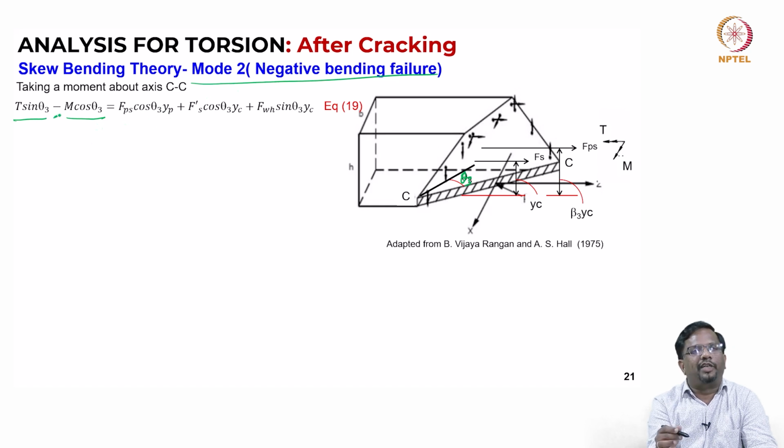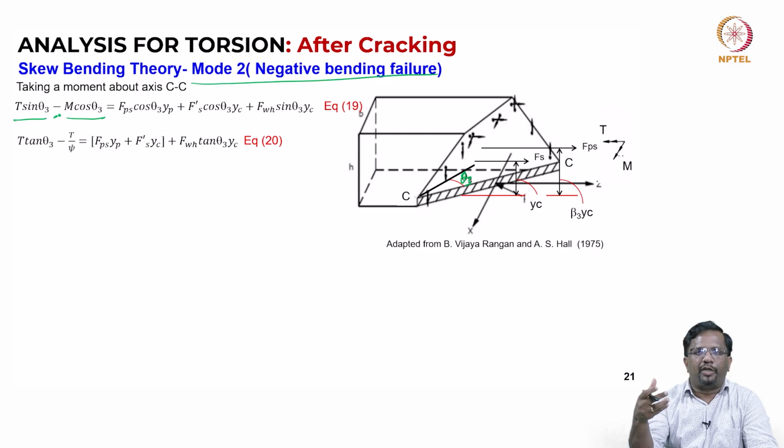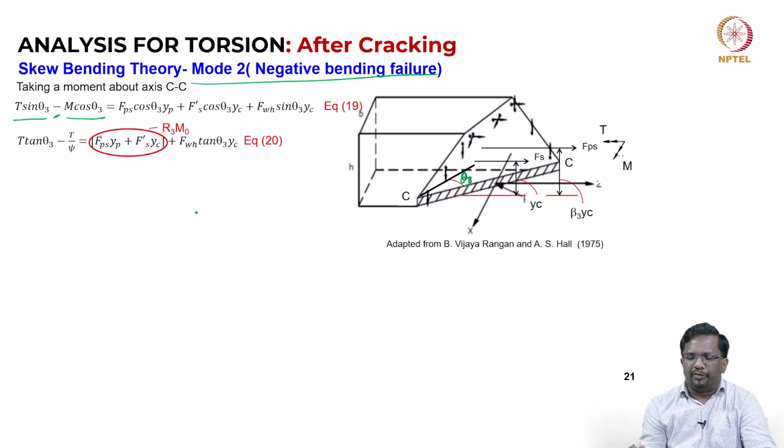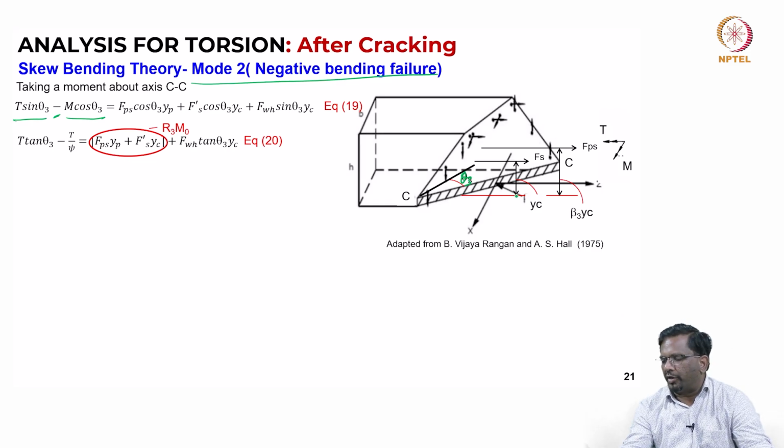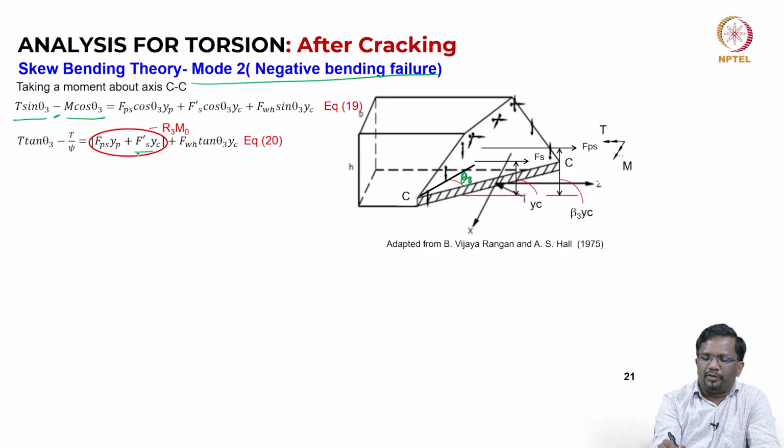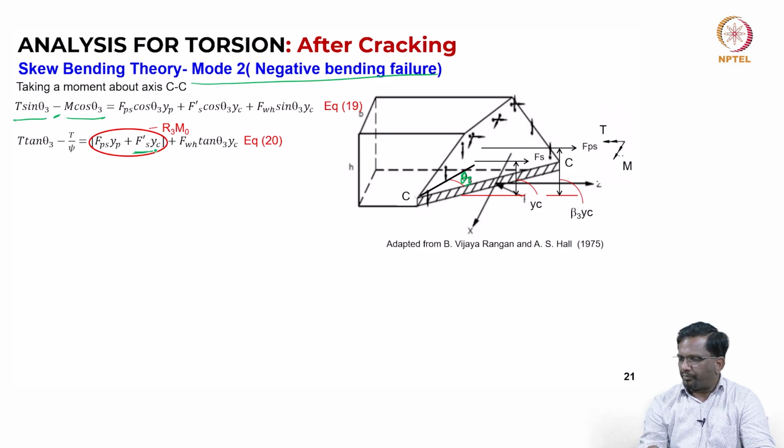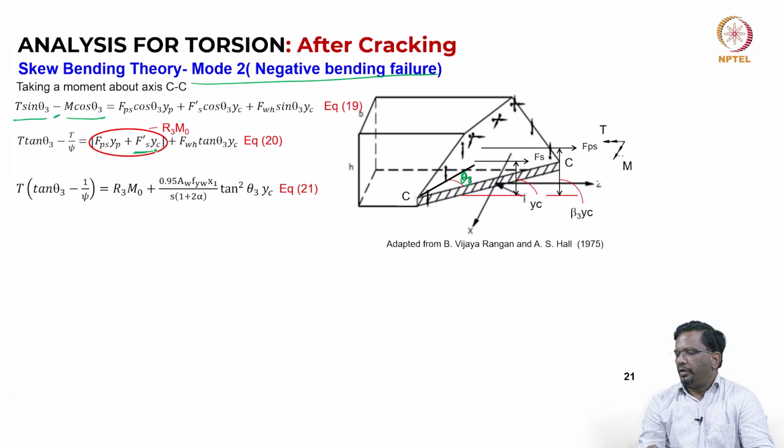That is the reason the sign here is negative, because the component will now be in the opposite direction. With further simplifications, you see there is bottom steel coming here, so the force is going to be F prime S into YC.